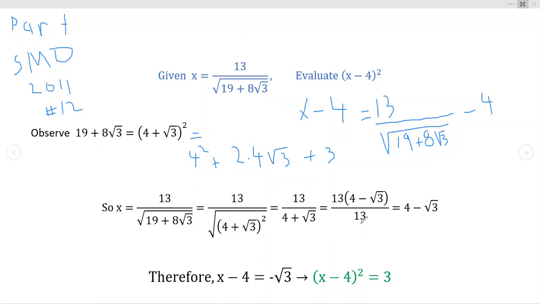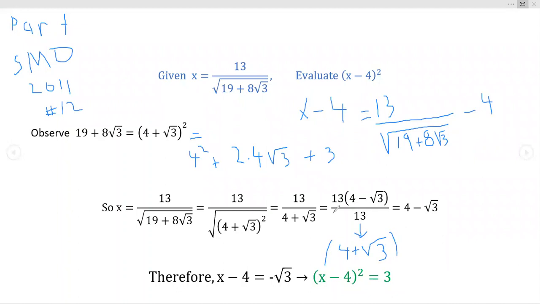Notice that this 13 right here is a difference of 2 squares result. If you have 4 plus root 3, plus root 3, and then, see, what's good for the goose is good for the gander.